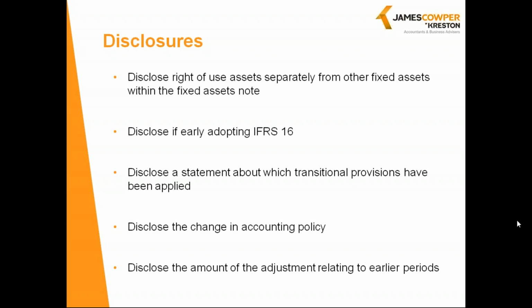So a bit of other disclosure that you will need also is some statements about if you are adopting the standard early, which transitional provisions you are applying, and also that you are changing your accounting policy. Also, if you apply the full retrospective method, you also need to restate your comparatives, so you will need a restatement note as well.